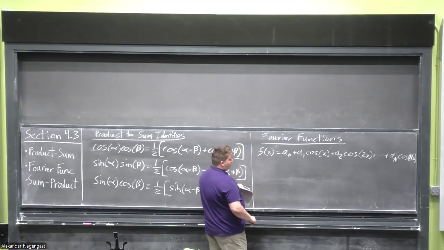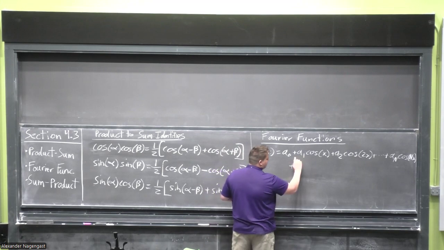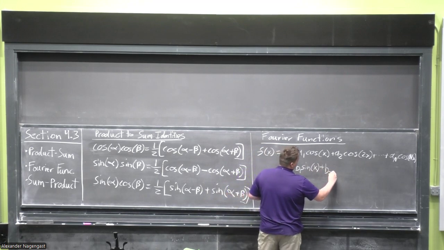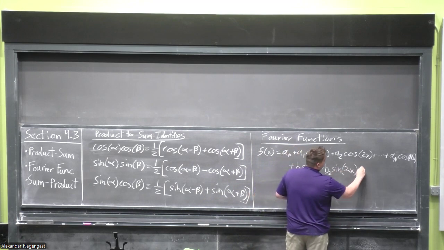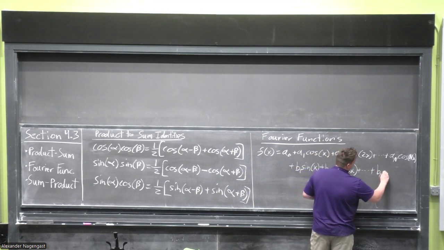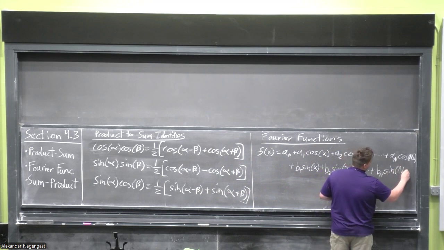So we have cosine, but we'll also add this same sort of mechanism with sine. So we'll have b1 times sine of x plus b2 times sine of 2x. And again, we'll add this all the way to bn of sine of nx.